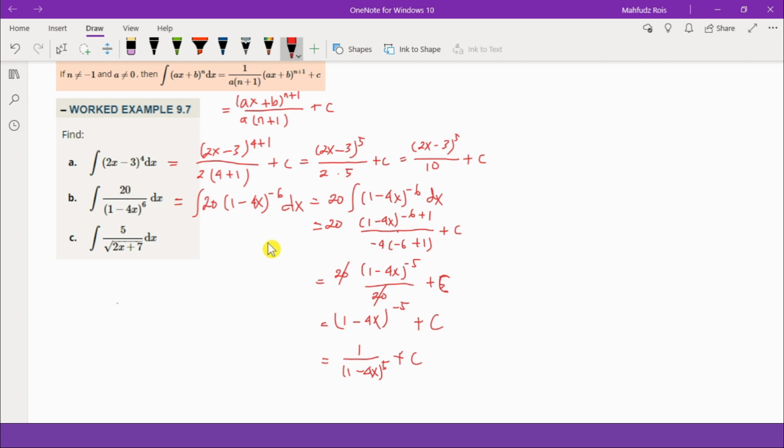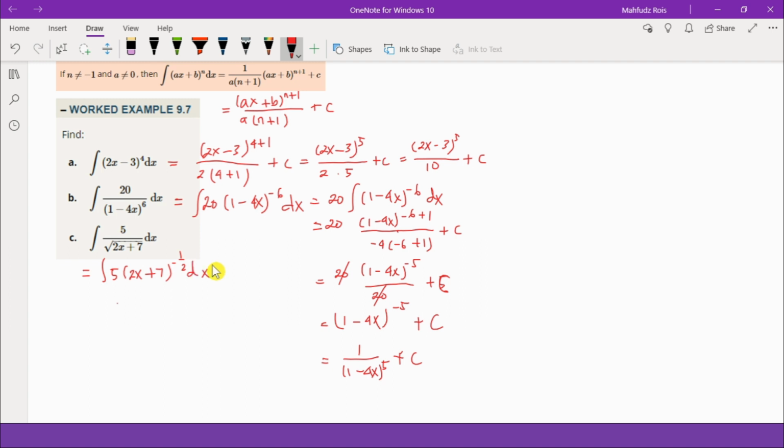Now let's see for the last. See here, this one again you need to change into the integral of 5 over the square root of 2x plus 7. It actually is the power of half, so (2x plus 7) to the minus half, right?